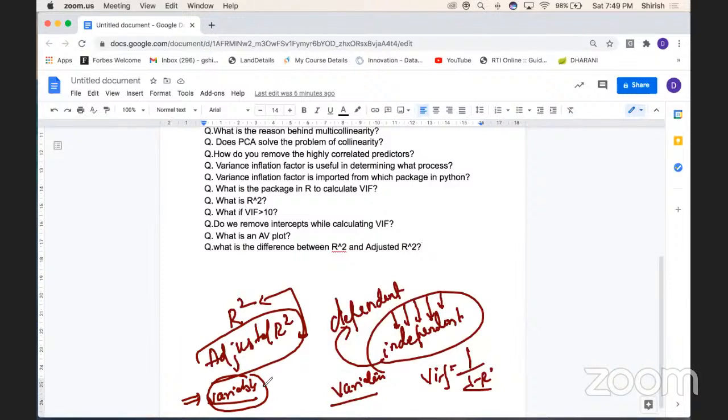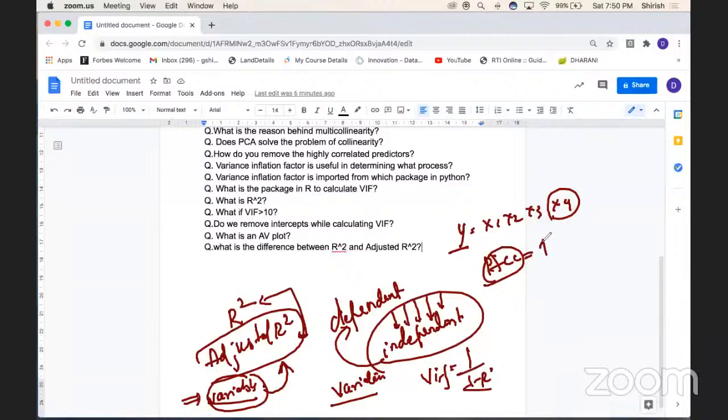Suppose you have y equal to x1, x2, x3, and you add one variable x4. You are expecting some predicted value or accuracy.